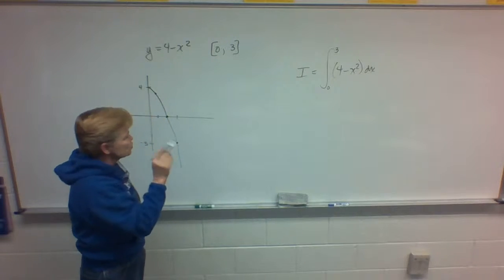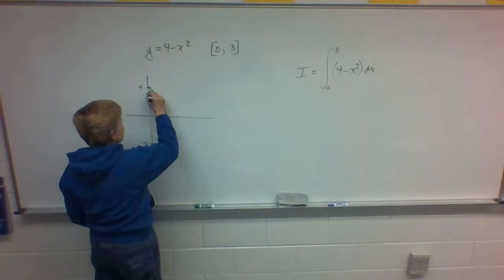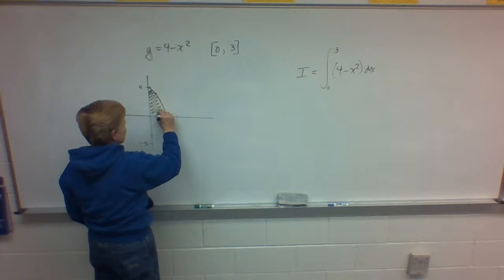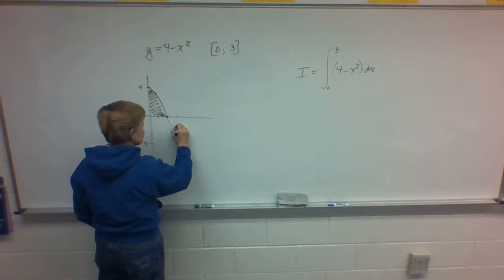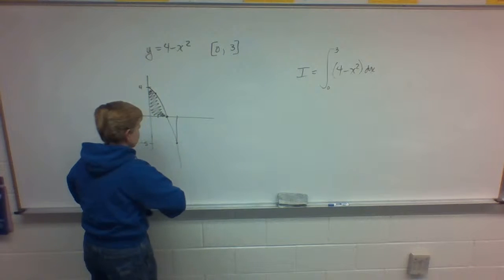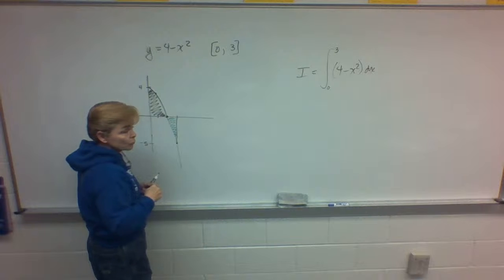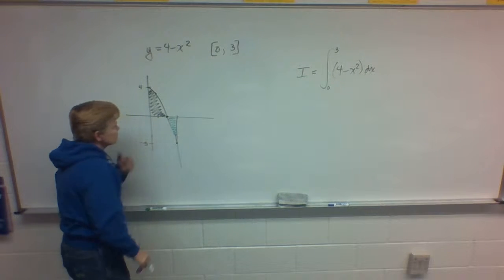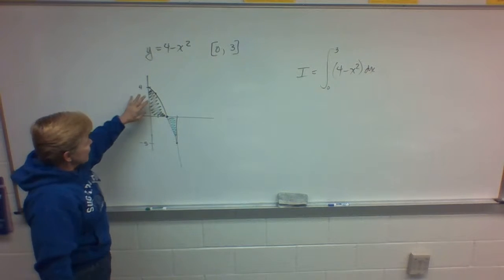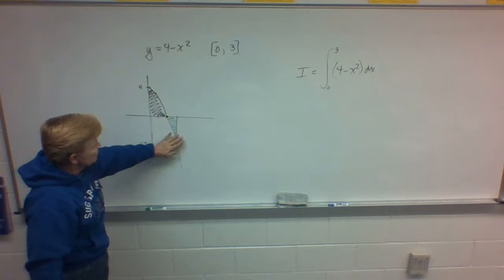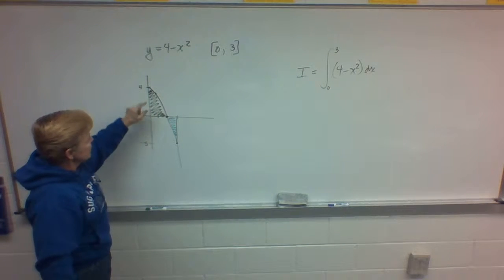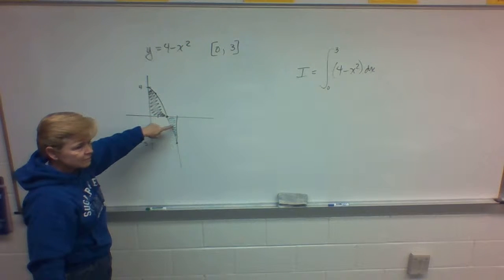And that number that you get out of that would account for this space minus this space. That's what it would do. If I wanted to find the actual space that I have to paint from 0 to 3, that would have to be positive, and so would this.